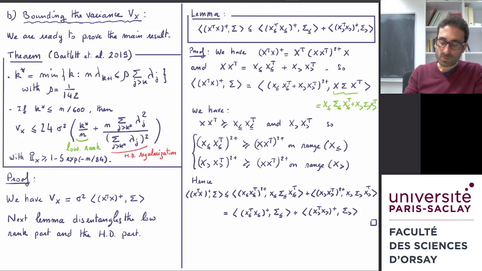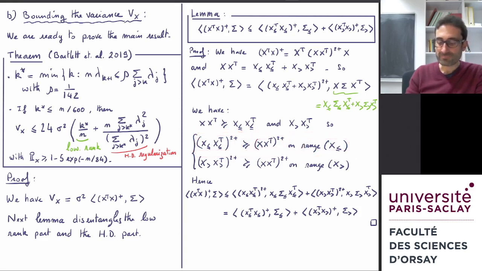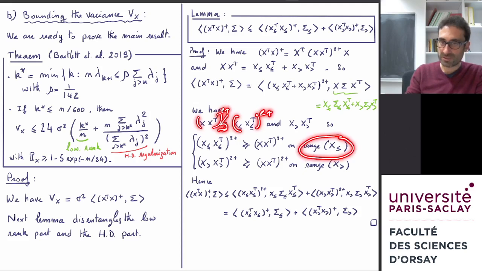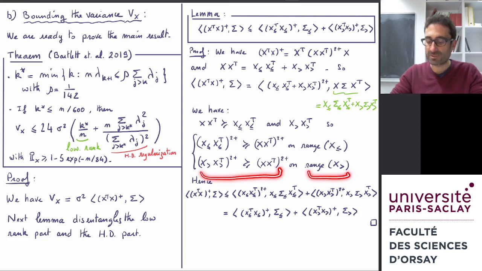If you take the double Moore-Penrose pseudo-inverse, this matrix will dominate this matrix on the range of the low dimensional part of X. So you can invert like this, but not everywhere, only on the range of the low dimensional part. And you have the same for these two terms, on the range of the high dimensional part.